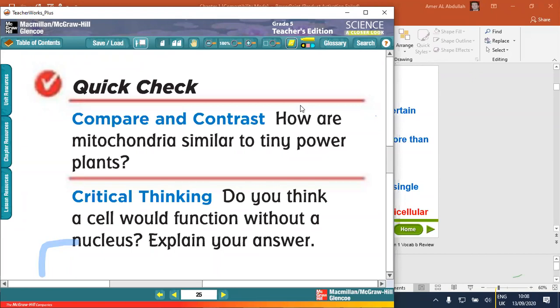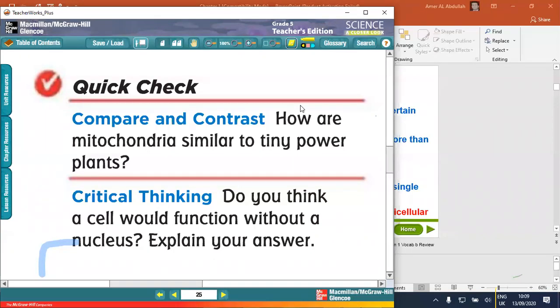They are tiny power. They break down food. Yes, I can accept your answer. They provide energy for the cell. Yes. Excellent. Right answer.